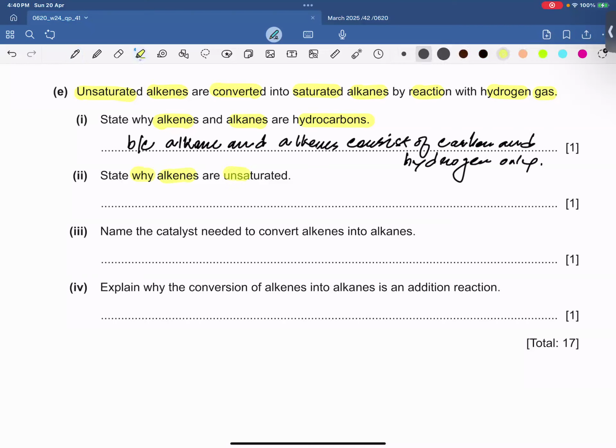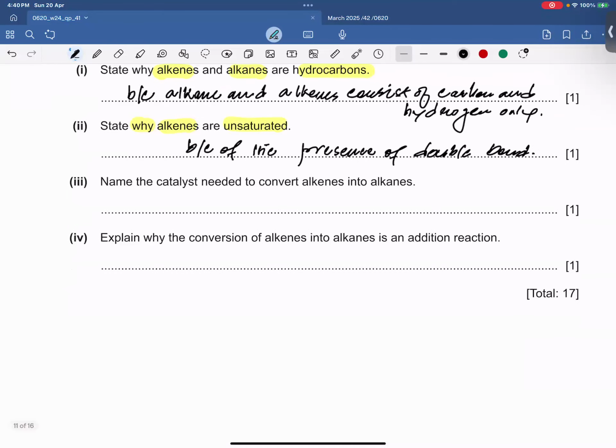State why alkenes are unsaturated, because of the presence of a double bond.